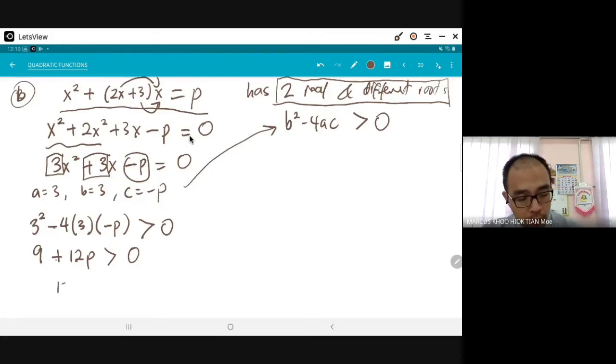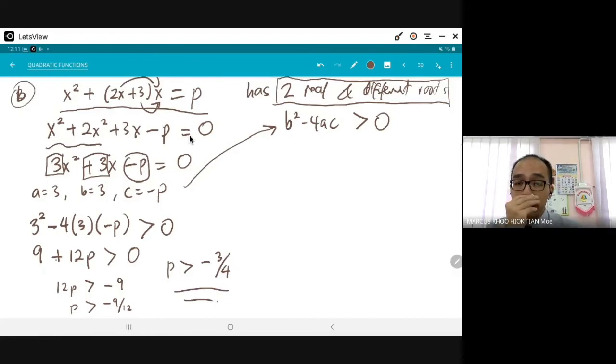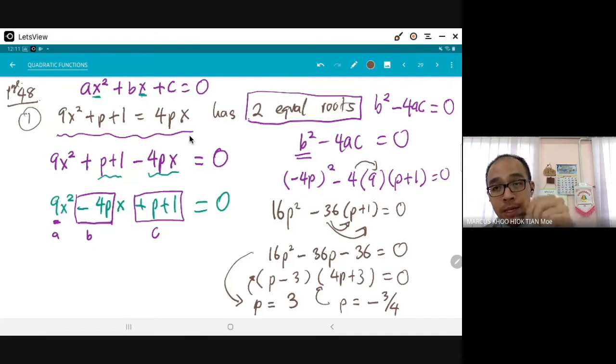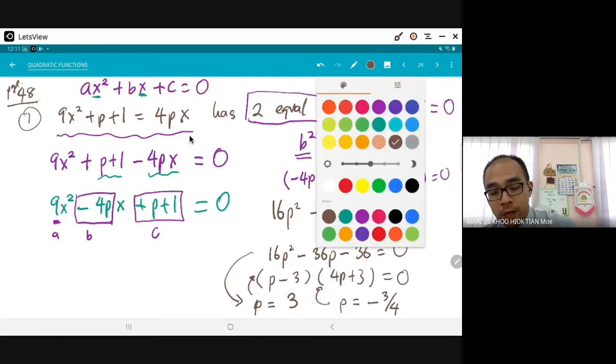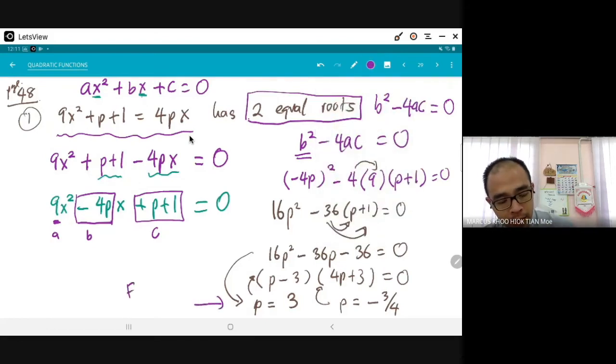Okay, so 12p is more than negative 9. So P adalah lebih daripada negatif 9/12. P adalah lebih daripada negatif 3/4. Okay. So, jawapan jenis begini ya, yang P sama dengan, okay, ini adalah soalan find the values.